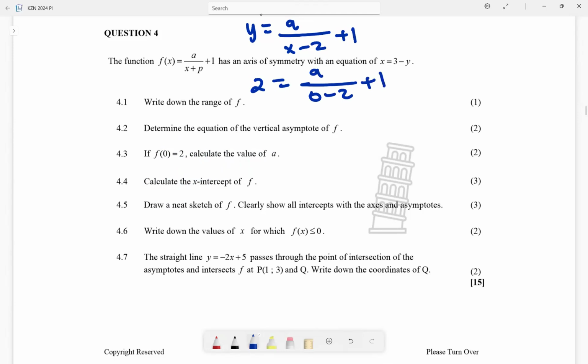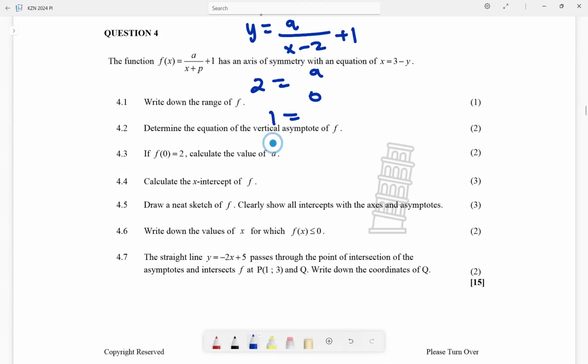So 2 minus 1, which is 1, is equal to a divided by negative 2. Therefore, a is equal to 1 multiplied by negative 2, negative 2. So that's the value of a.